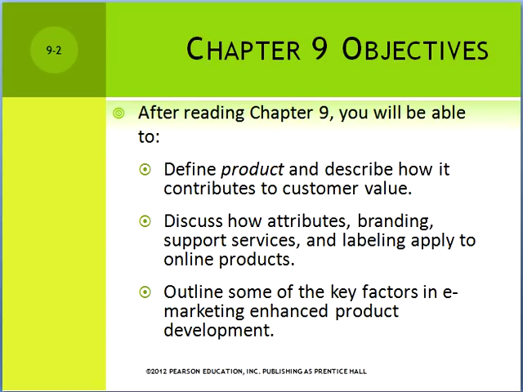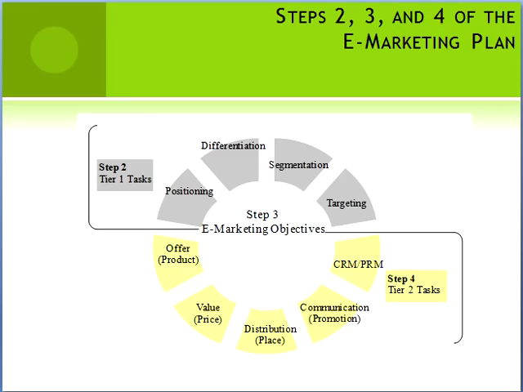Before we continue, I want to show you this previous slide which was part of session 3, and if you recall, we were talking about using this slide for the purpose of the balance of the chapters. We said in the tier 1 tasks was the segmentation, differentiation, positioning and targeting strategies, which we covered in the last session.